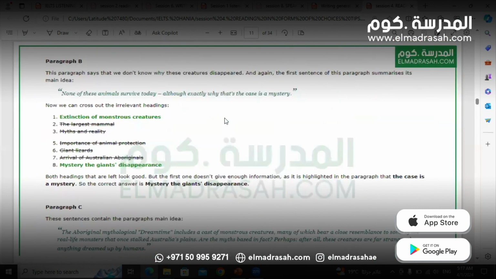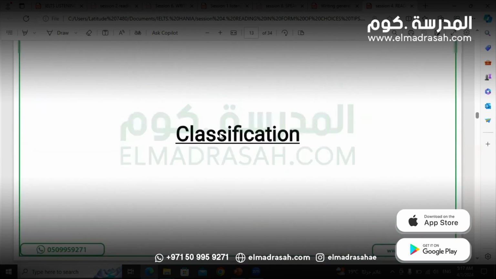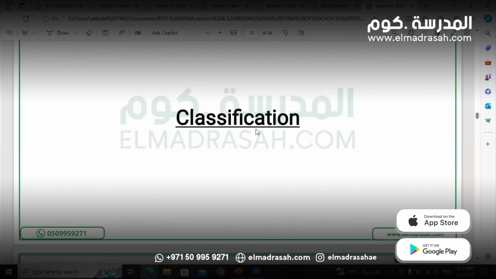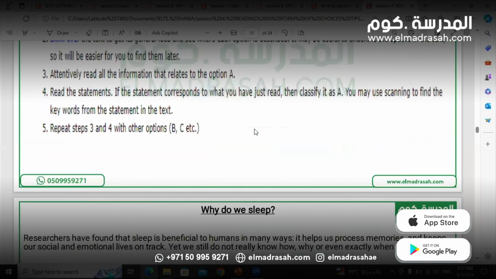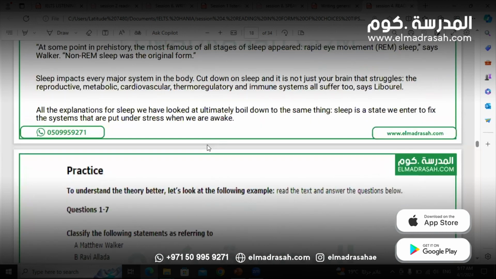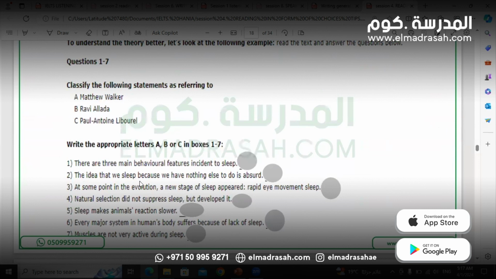The fifth kind of reading questions is in the form of classification. You classify the sentence according to the person who said it or who mentioned it. Like, I have a passage here about sleeping, and I will have some questions or statements which are taken from this passage. In each statement, I should classify it according to the person who said it.